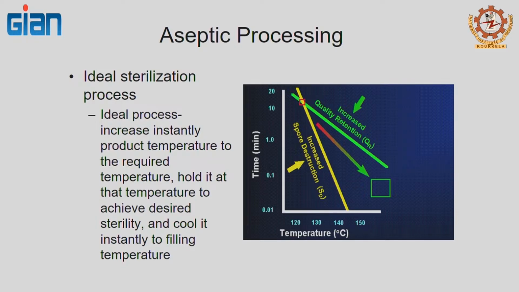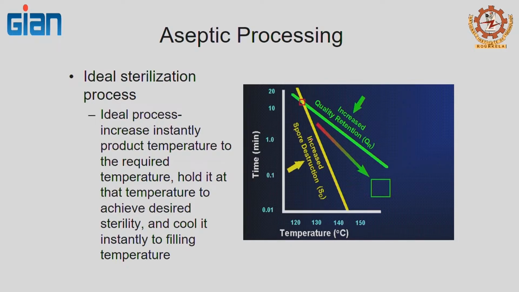If you remember from the quality kinetics and the D values and some other related data, remember that the nutrients are relatively more heat stable compared to the microorganisms. So, if you can raise the temperature quickly, you kill the microorganisms quickly without much damage to, say, the nutrients.